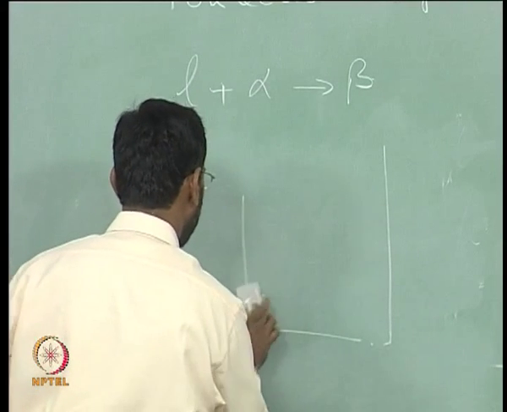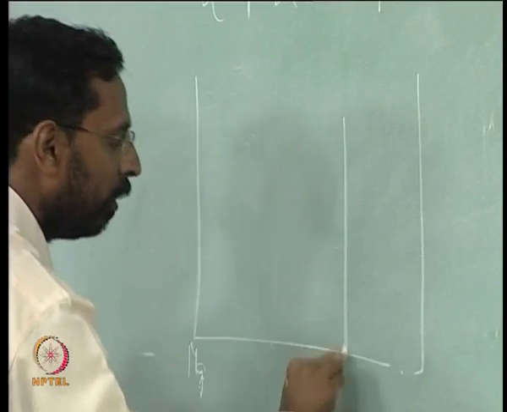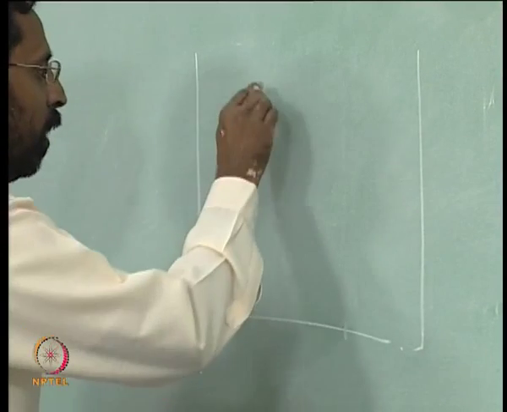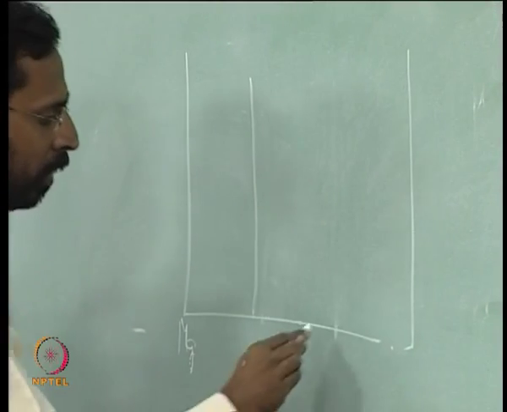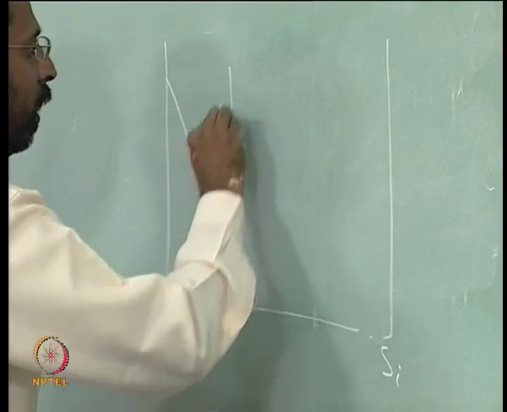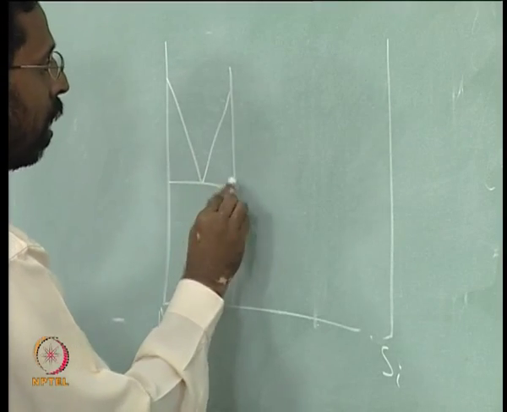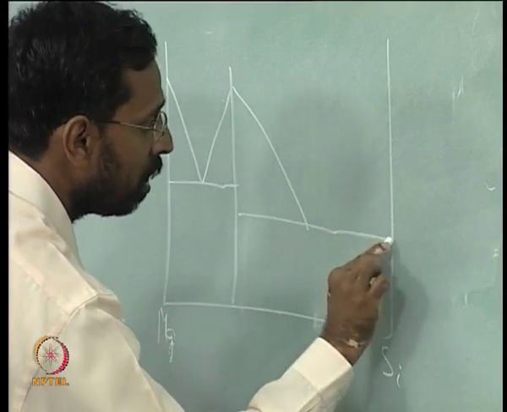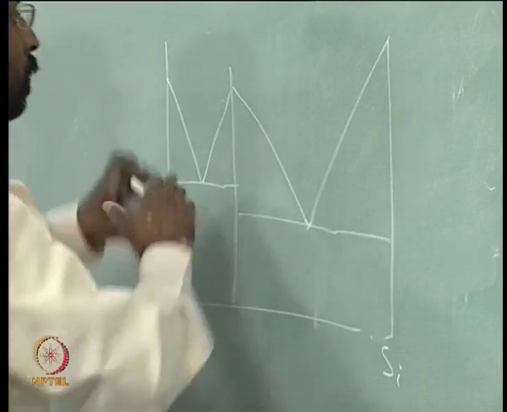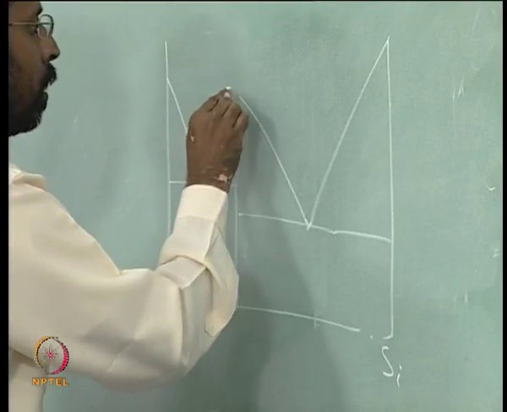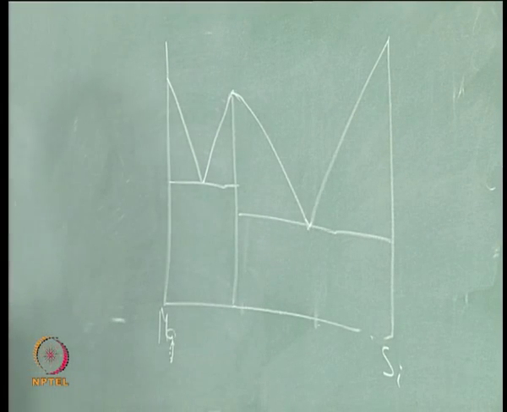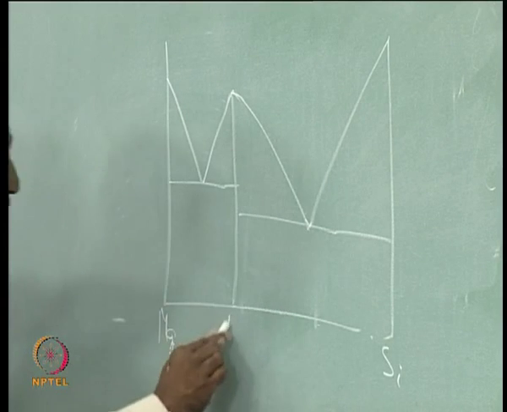I am sorry, then it should be here because it is Mg2Si. So, Si is 1. So, we are on this side only, and then this is silicon, and you have a eutectic between these two. This is the typical magnesium silicon phase diagram with Mg2Si.